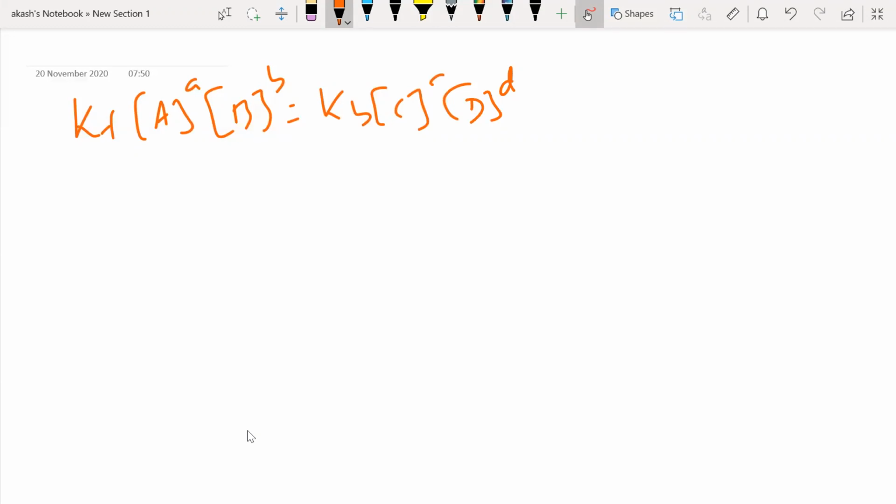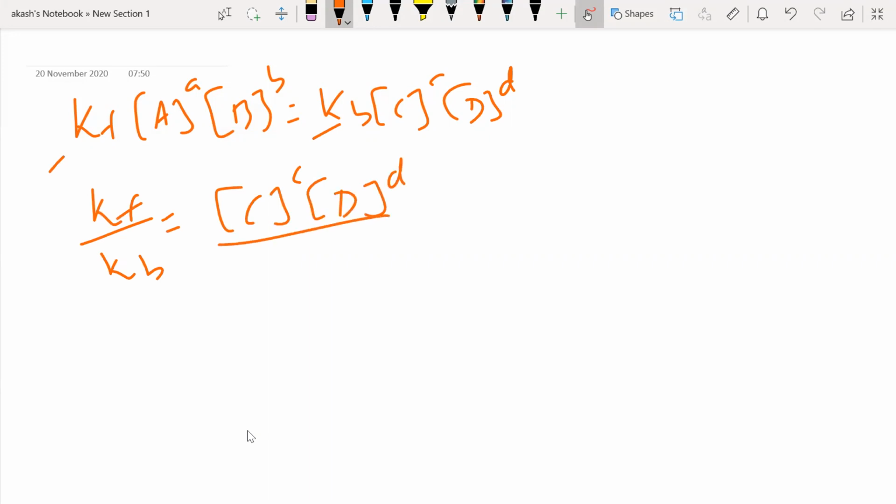Now what I do is I will take the ratio of this Kf and Kb. I will write Kf divided by Kb. Right. Now what will happen? That will be equal to C power c into D power d divided by A power a into B power b.